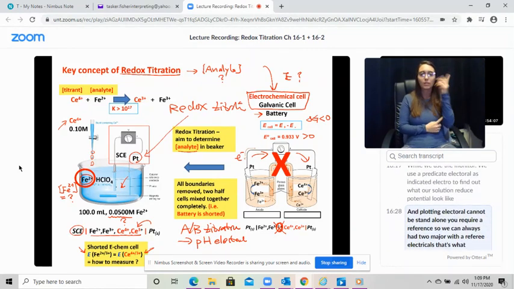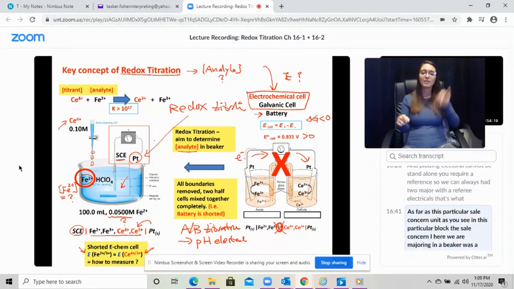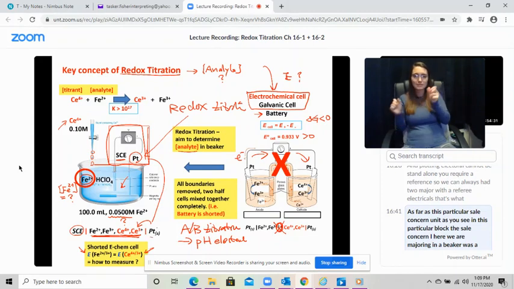And the platinum electrode cannot stand alone. It requires a reference, so we always have to measure with a reference electrode. As far as this particular cell is concerned, we are measuring in the beaker what the potential looks like, using an indicator electrode and measuring against the SCE, the reference electrode.